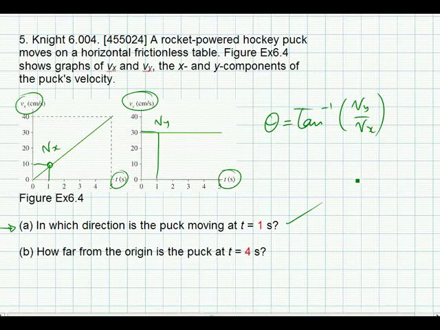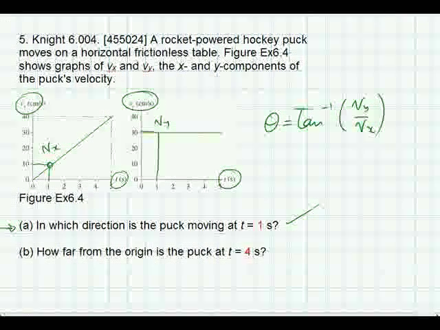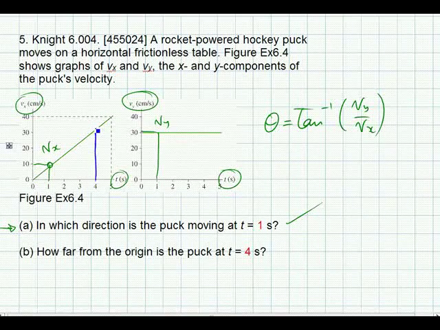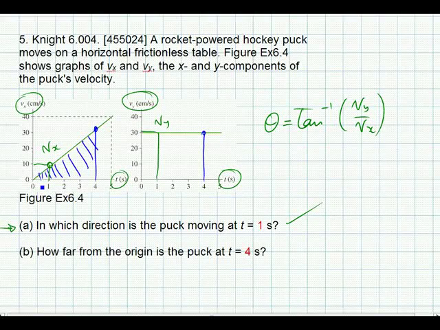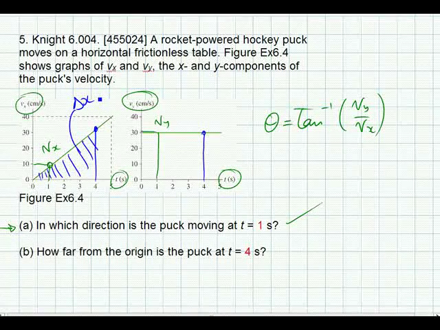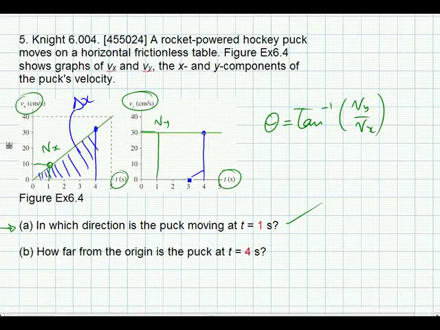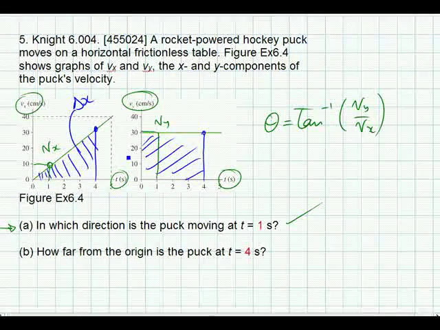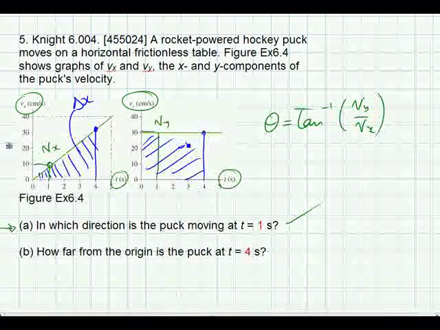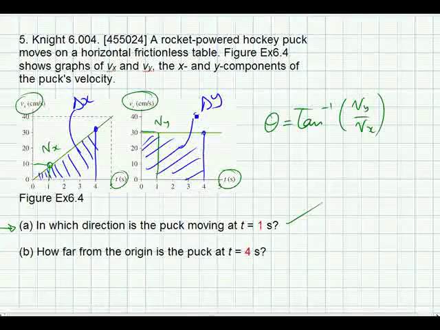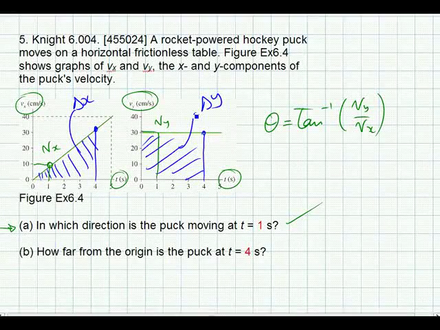Now second question is, how far from the origin is the puck at 4 seconds? Let me change the color of my pen. At 4 seconds, these are the 4-second values. So what we need to look at is the area on the 0 to 4 seconds for Vx gives us delta x, how far the puck has moved along the x direction in 4 seconds, and the area under the curve of Vy versus time gives us delta y, how far the puck has moved in 4 seconds in the y direction.